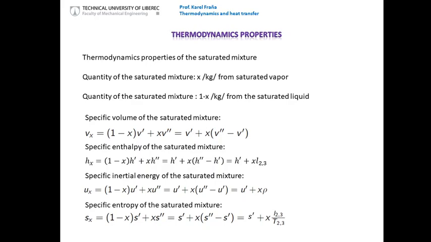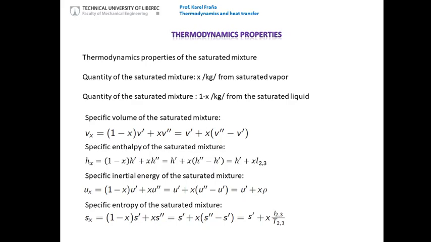The specific volume with one line indicates the specific volume for the saturated liquid. The specific volume for the gas is denoted with two lines. And the X is nothing else than the quality of the vapor. So, in the limits, if X is 0, it means that there is no saturated gas, and we are talking about only saturated liquid.